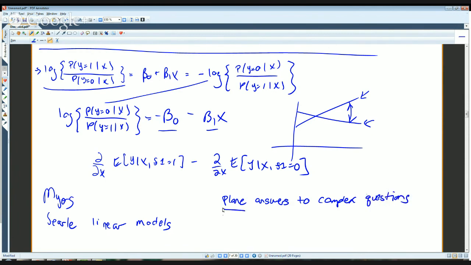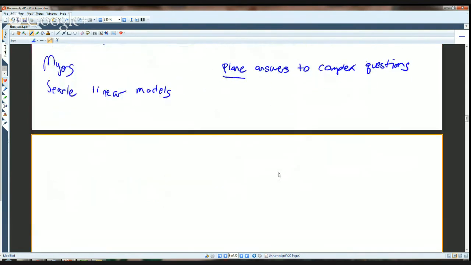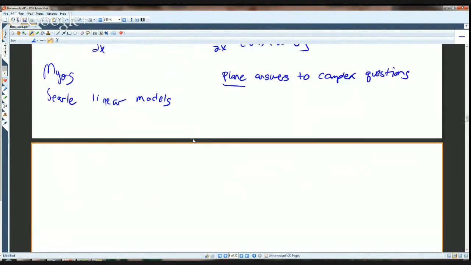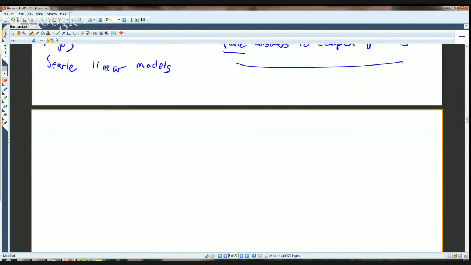But the plain is spelled not like plain, it's plane, the pun being that it's not plain as in simple answers, it's plane as in fitting planes, in the sense that regression models are fitting planes. So, Plane Answers to Complex Questions. This book is by Christensen. So yes, those are the books I would recommend.